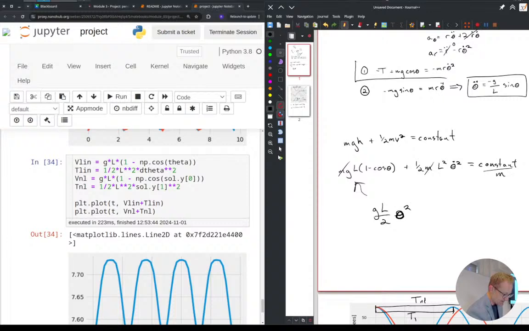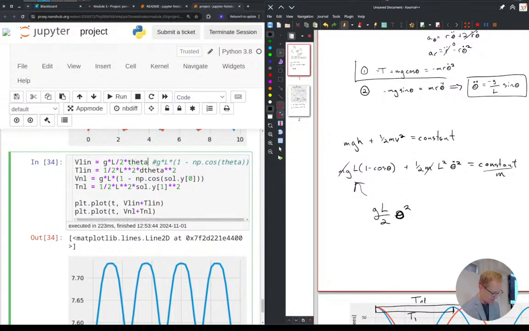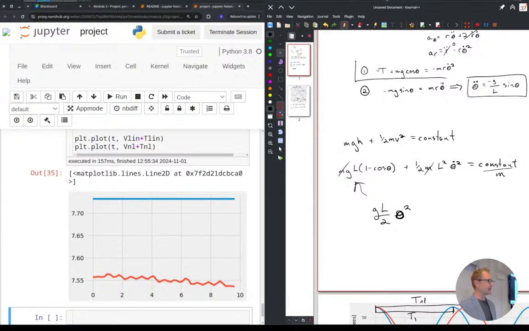If we use that instead, I think it'll work. I actually haven't tried it, but I'm pretty sure this would work. G times L over 2 times theta squared. Yeah. Then we get a flat constant line, which is what you would expect: potential plus kinetic is always a constant value because there's no drag or anything.